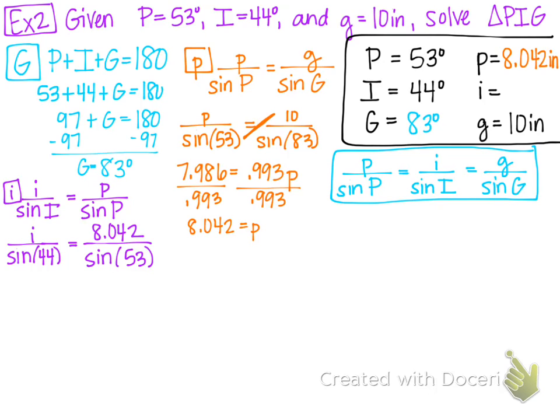Okay, so let's cross multiply. We're going to multiply here, 8.042 times sine of 44. We get 5.586 is equal to, and then we cross multiply here, sine of 53, so we have 0.799 and i. So lastly, divide by 0.799.